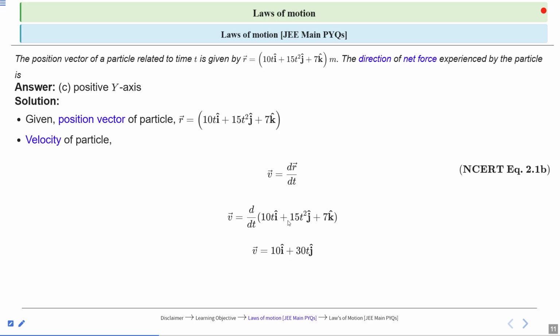After differentiation, the differentiation of 10t i cap will be 10 i cap, and differentiation of 15t square j cap will be 15 into 2t j cap, so it will be 30t j cap. Here 7k cap is the constant, so the differentiation of the constant term is 0. So v is equal to 10 i cap plus 30t j cap.